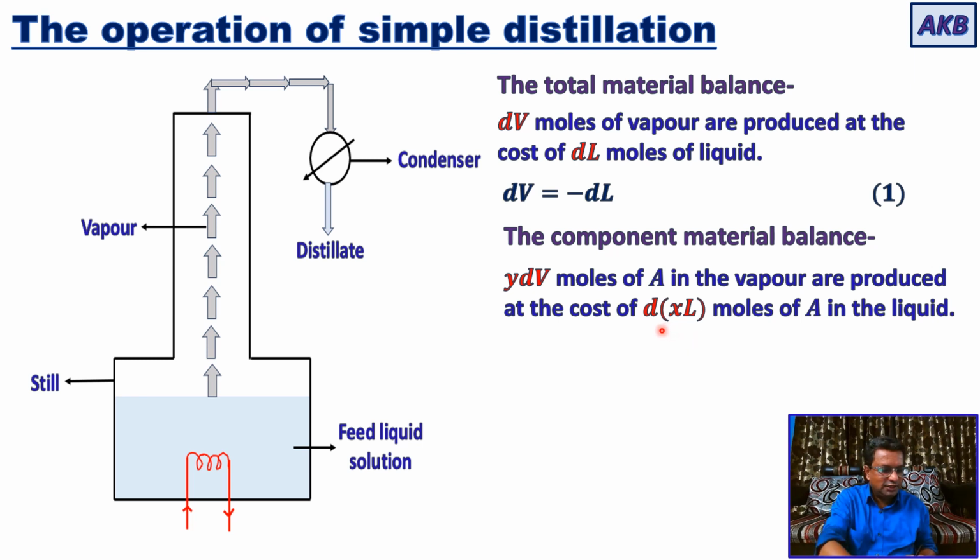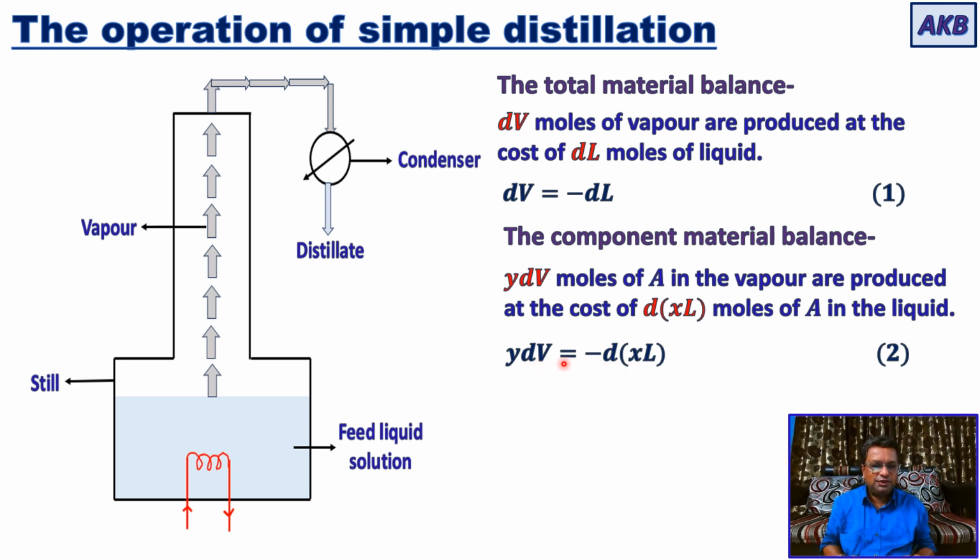Okay. So if this information has to be represented with an equation, we can write it like this: y dV is equal to minus d(xL). Again, the quantity is the same, but since in the vapor phase you are getting it at the cost of A in the liquid, we need a negative sign.